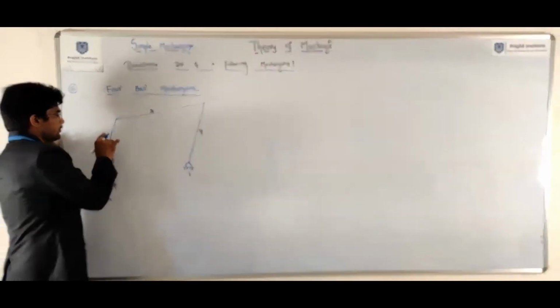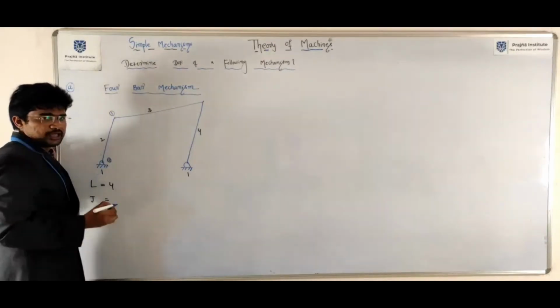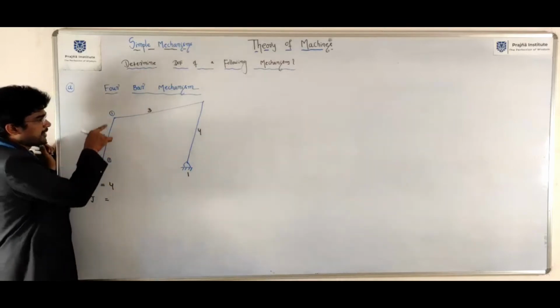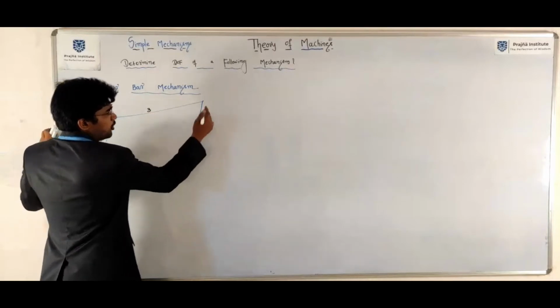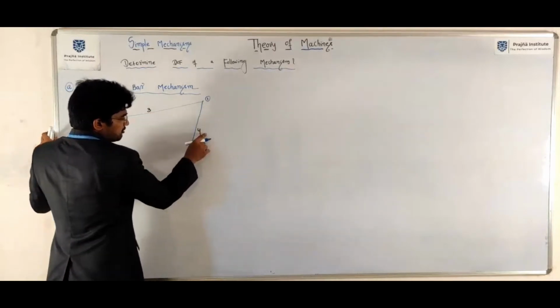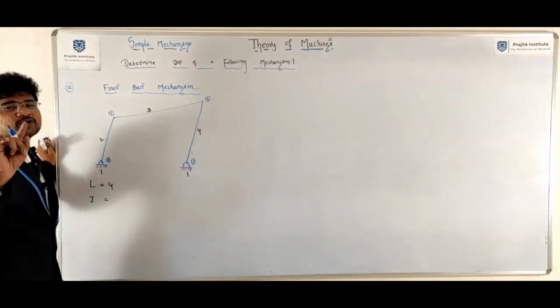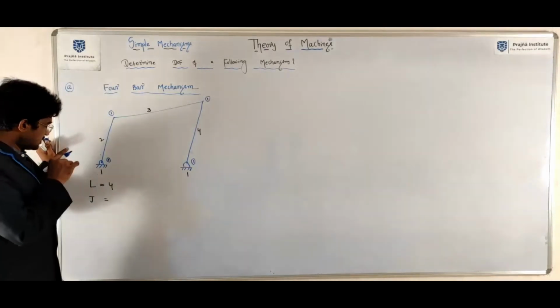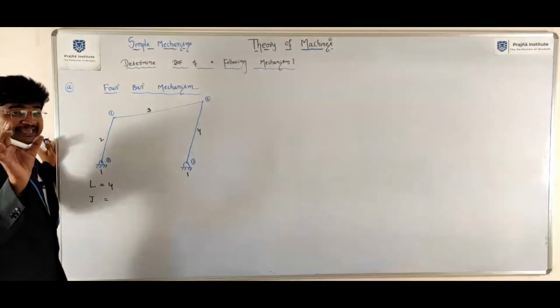Between 2 and 3, turning pair, one lower pair. Between 3 and 4, turning pair. Between 4 and 1, turning pair. So like that, we need to count the number of binary joints or lower pairs.